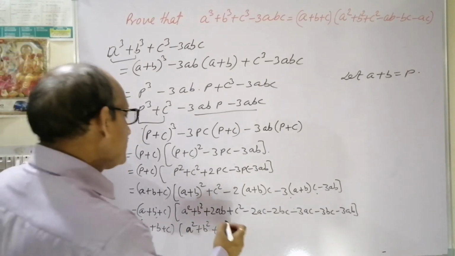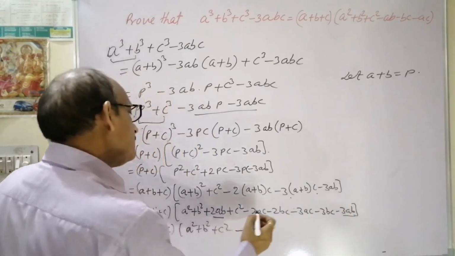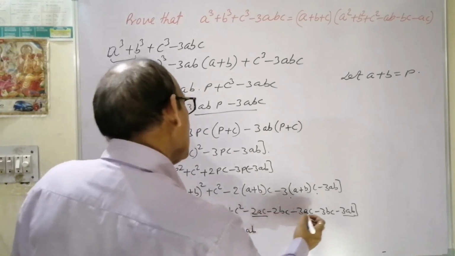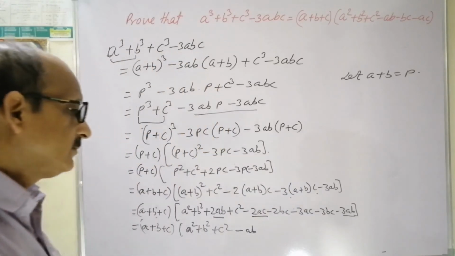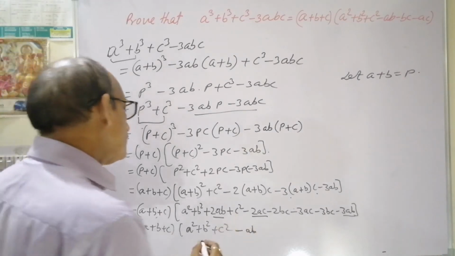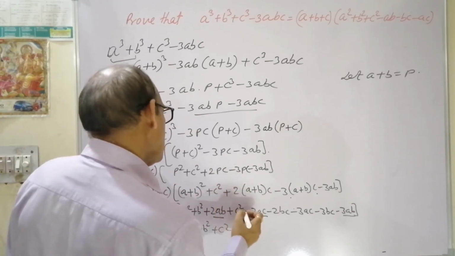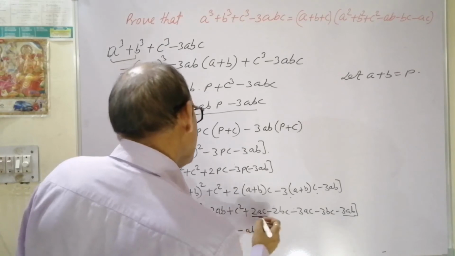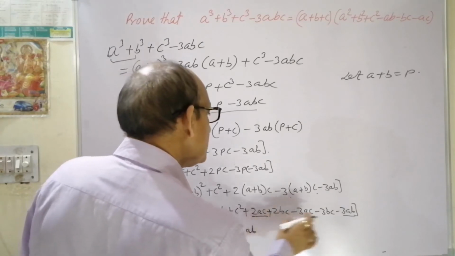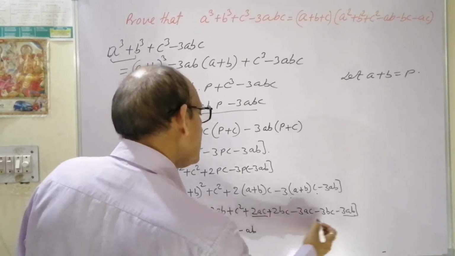Now AB is 2 times here but 3 times here, means only 1 time but negative. AC is 2 times here, and here also it is plus, again it is plus, so we'll have 2AC and this will also be plus. 2AC and 2BC are positive, 2AC positive and 3AC negative, so for this one it's okay, AB and AB it's okay.